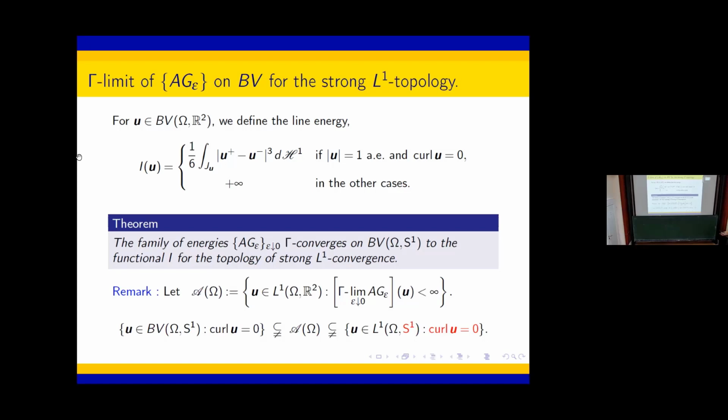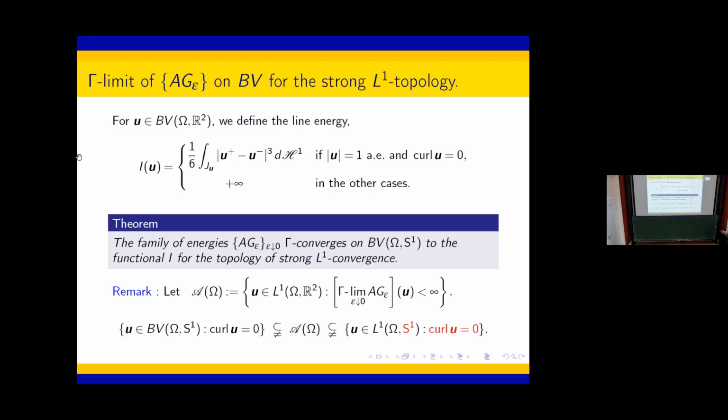So this is for u in BV, but if I consider the set of vector fields u in L1 whose gamma limit is finite, then it's much larger than BV. It contains the curl-free BV vector fields with magnitude 1, but it's strictly larger than the curl-free functions with values in S1.